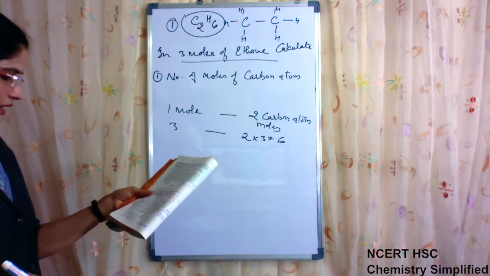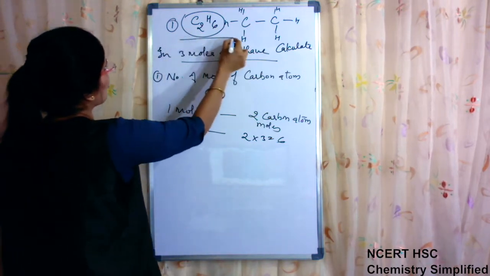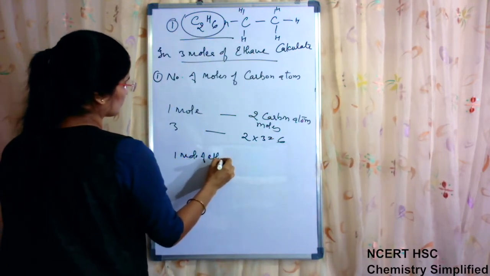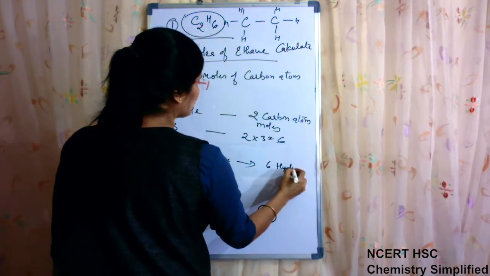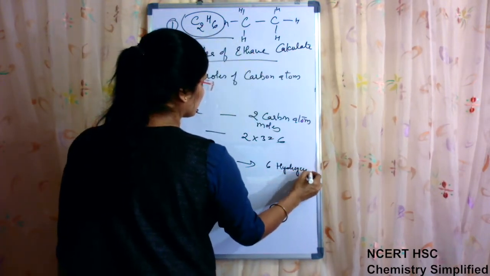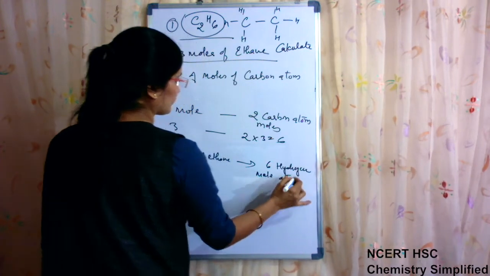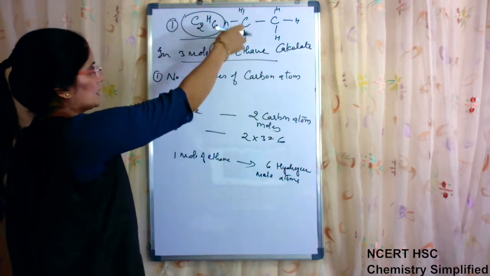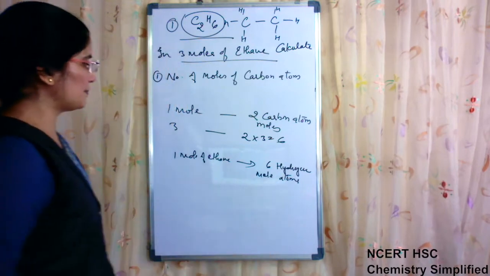Second thing is number of moles of hydrogen atoms. If you see the formula, in 1 mole of ethane we have 6 hydrogen atom moles.